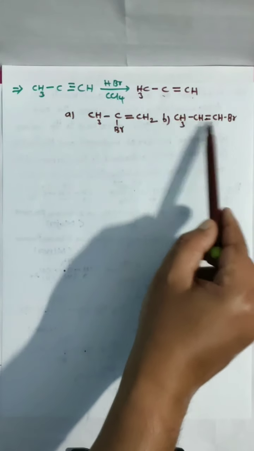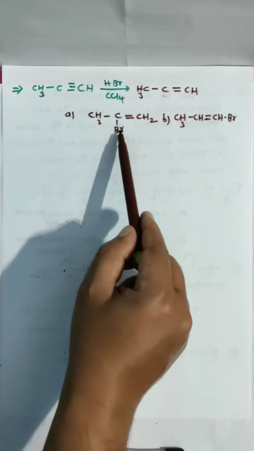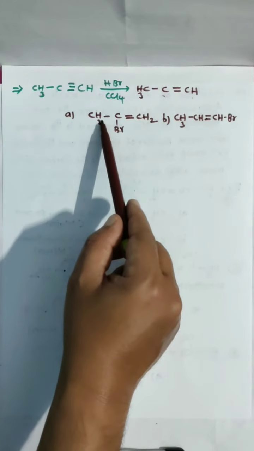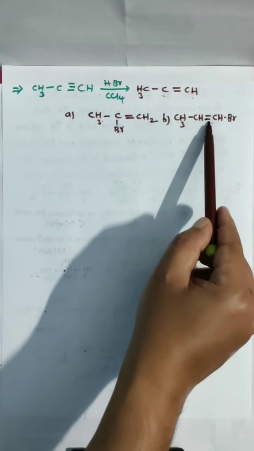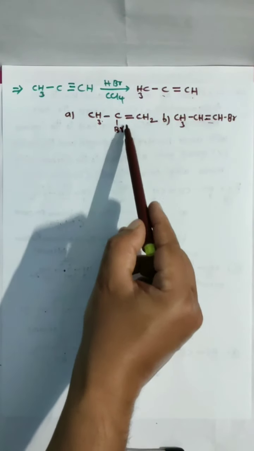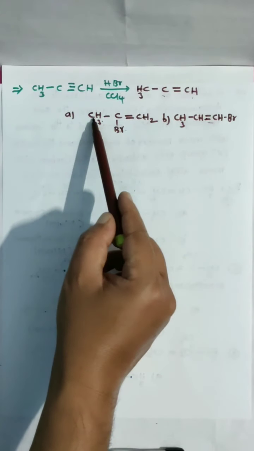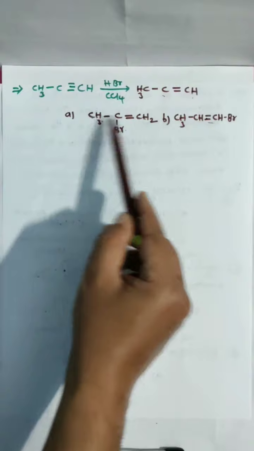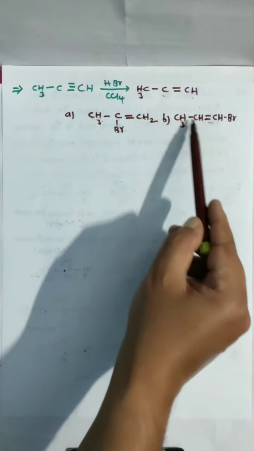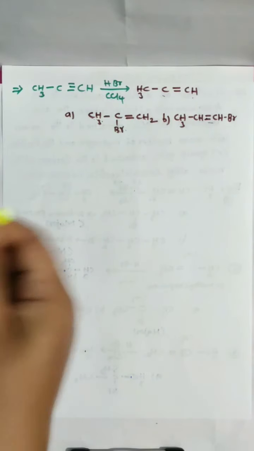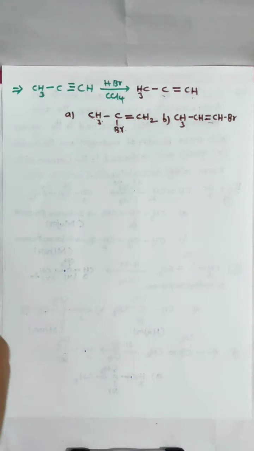Now two products we got. This is 2 bromopropene. This is 1 bromopropene. The halogen atom attached carbon has here 2 substituents. Here total 1 substituent. So this is the major product.